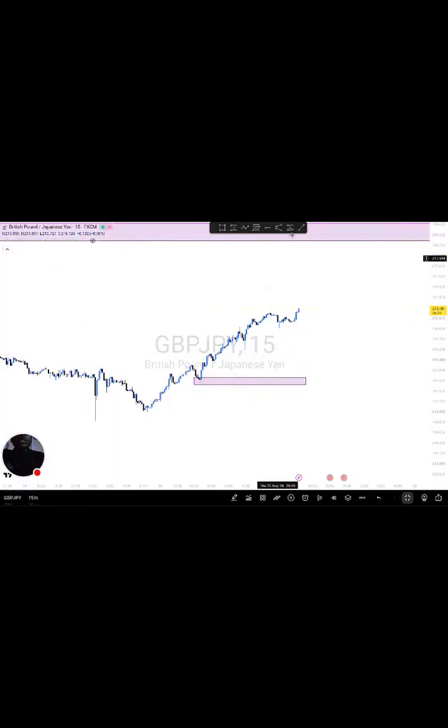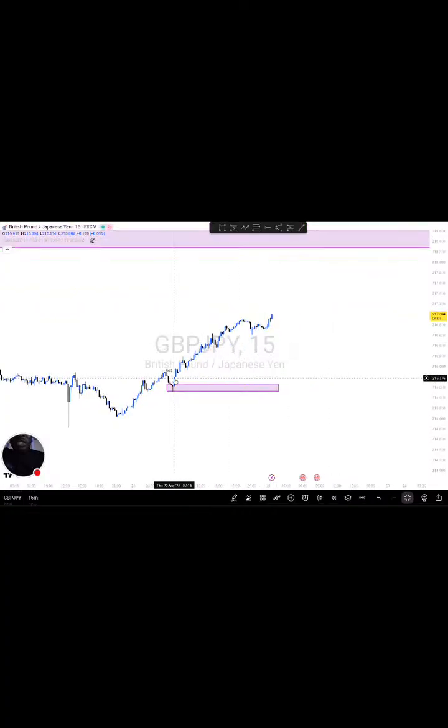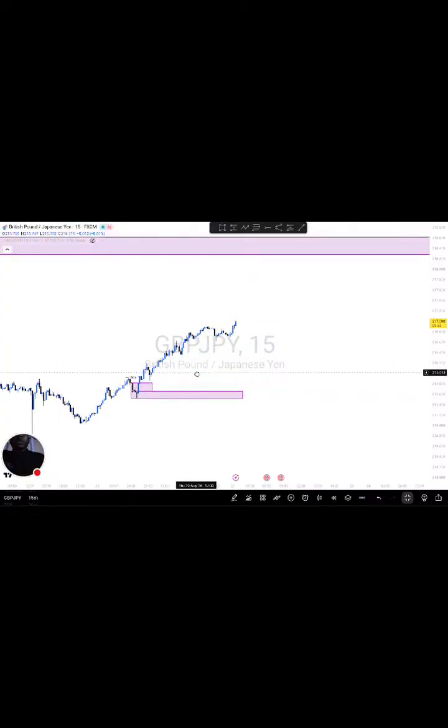This is an order block in the 15-minute time frame. It did a little break of structure around here. Now it has a very valid fair value gap around here. It has a fair value gap, and it did a breaking of structure.